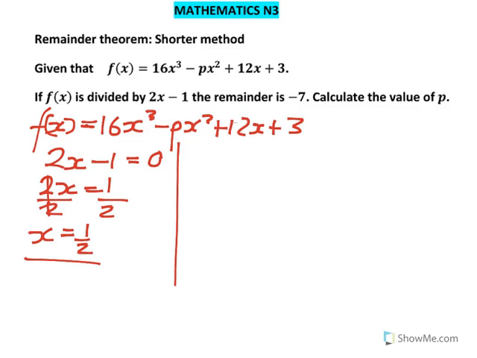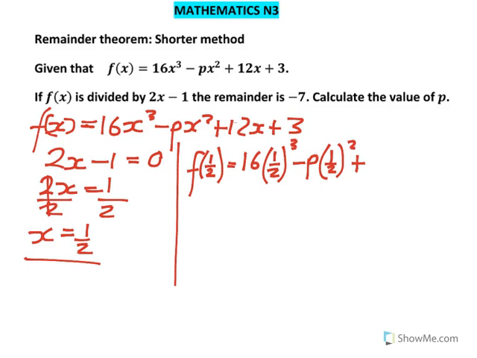After you have done that, you are going to take f of 1 over 2, which is equal to 16 times 1 over 2 cubed minus p times 1 over 2 squared plus 12 times 1 over 2 plus 3.